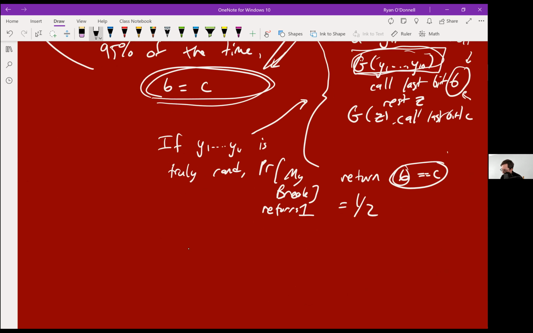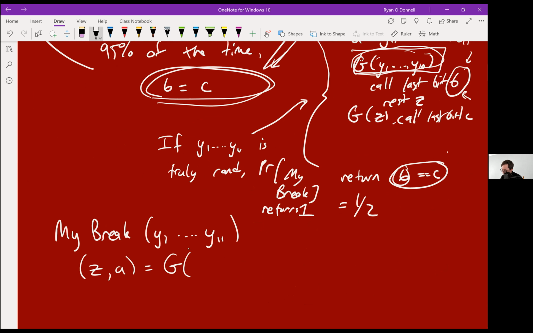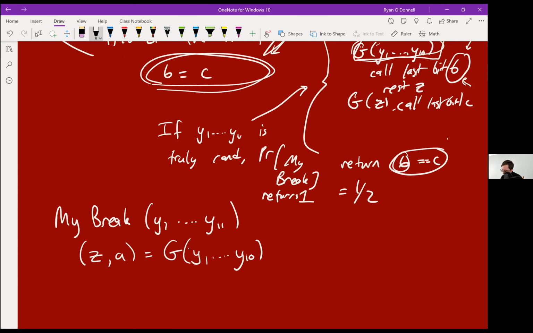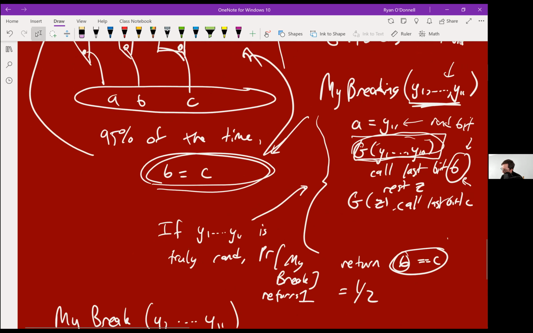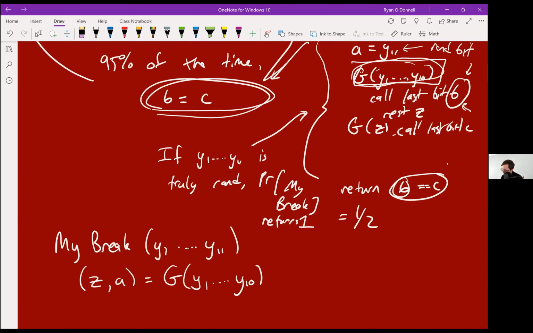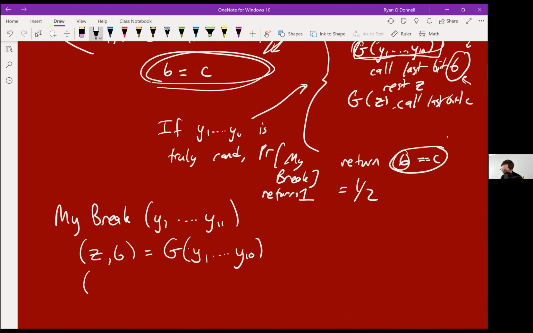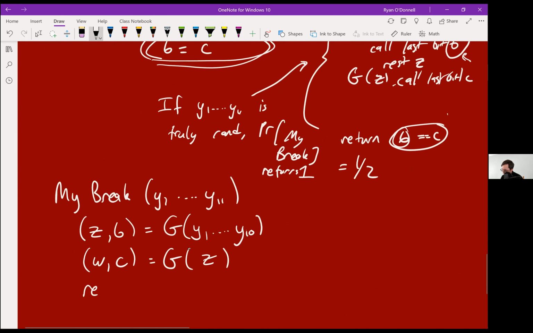What we're doing is, my break on y1 through y11, just to be a bit more clear, we're saying Z comma A is G of y1 through y10, and oh wait, maybe we're calling this B. And then W comma C is G of Z. And then we're returning whether or not B equals C.